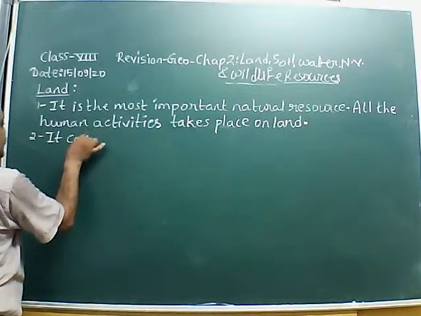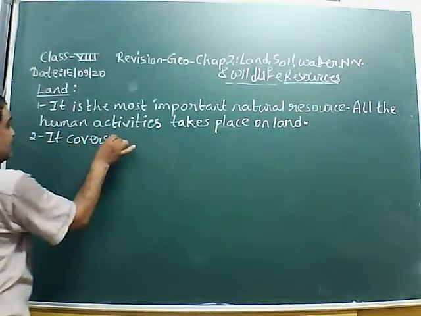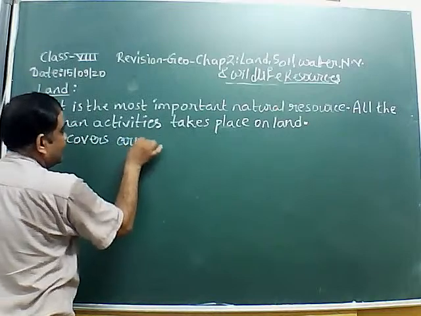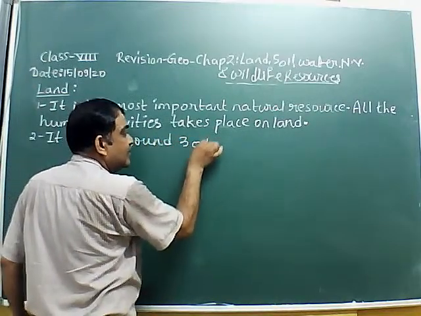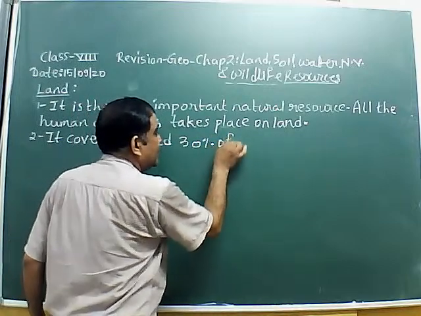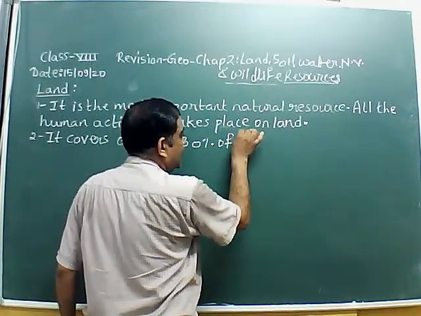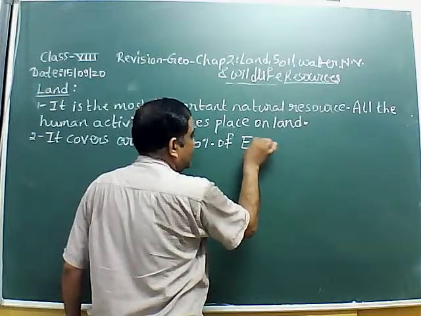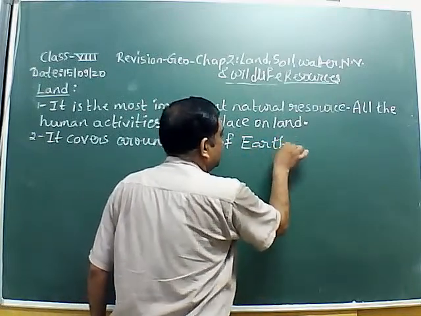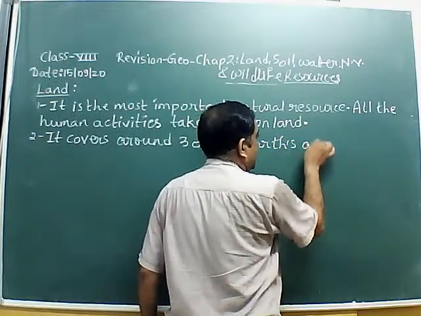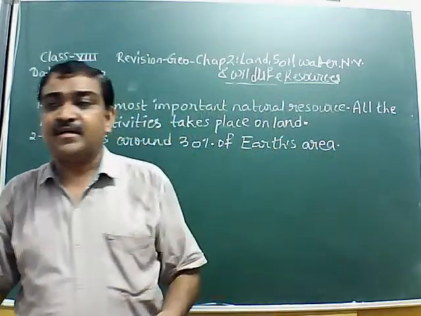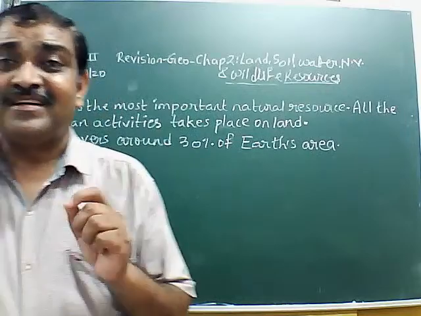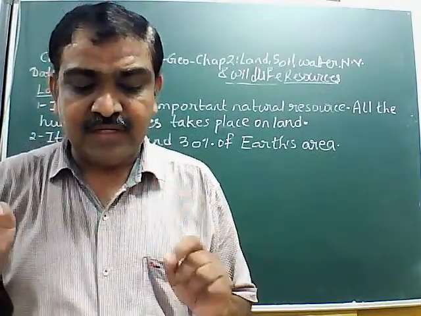It covers around 30% of Earth's area. Okay, it means Earth के total area का how much? 30% is land.